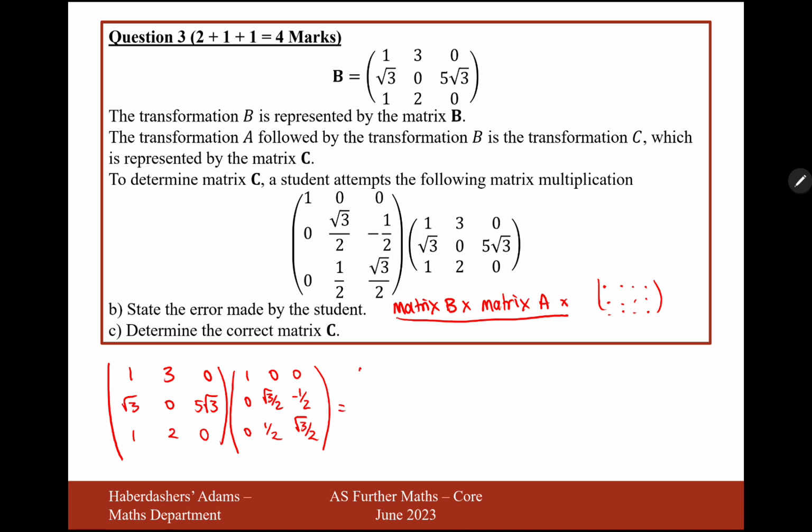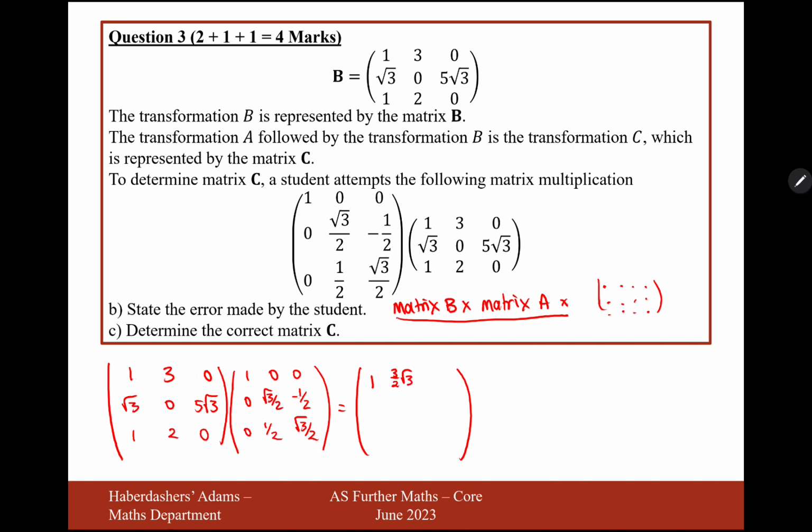Okay, so when you multiply these two matrices together, you go across the top one and down the second one. So using the top row and the first column, 1 add 0 is 1. 0 add 3 over 2 root 3 add 0 is 3 over 2 root 3.